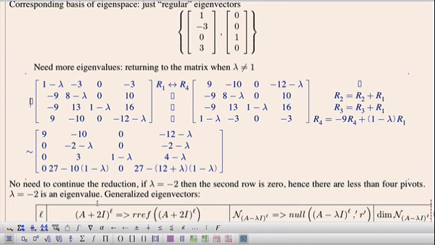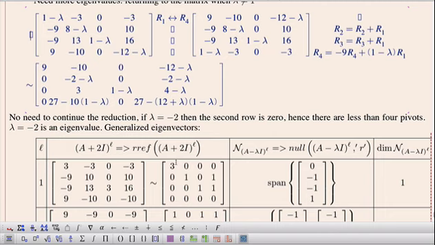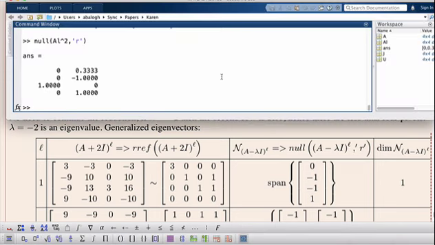We check what the multiplicity is, and at the same time we calculate the generalized eigenvectors by first calculating A minus lambda I, which is A plus 2I. Let me do that in MATLAB. So A plus 2I of size 4.